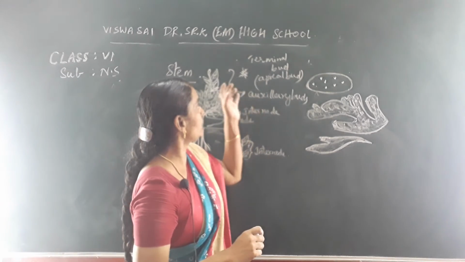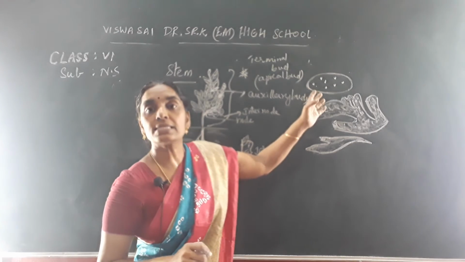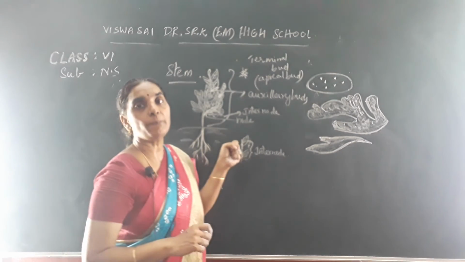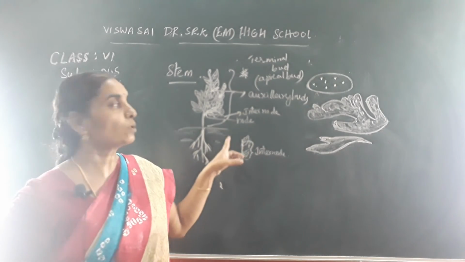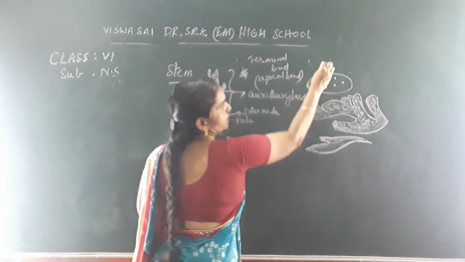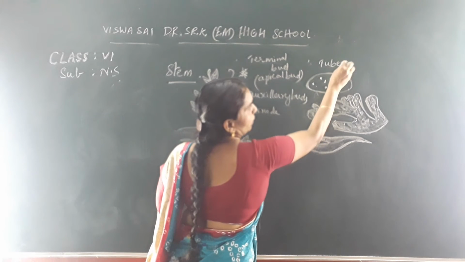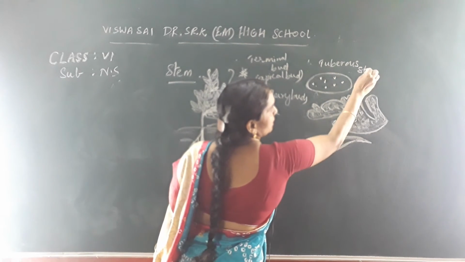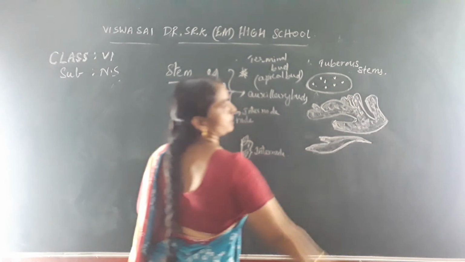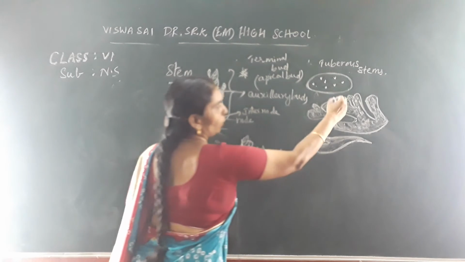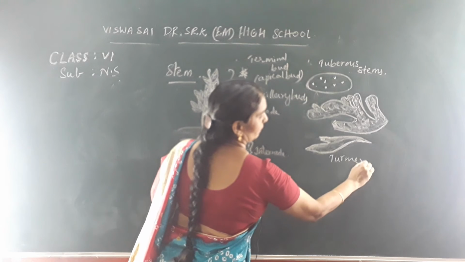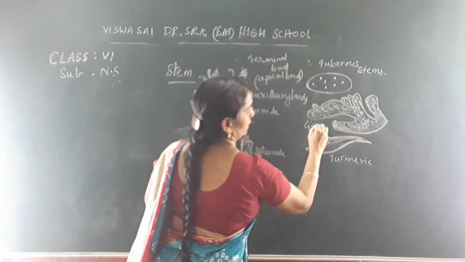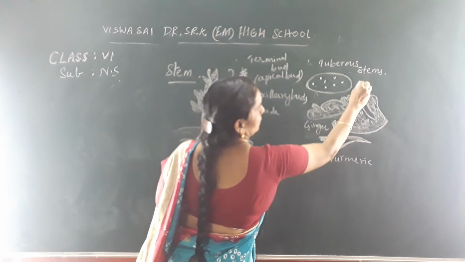These are the tuberous stems, where the edible part of the food is stored in the stems. What are they called? Tuberous stems. This is potato, this is ginger and turmeric. Okay children?